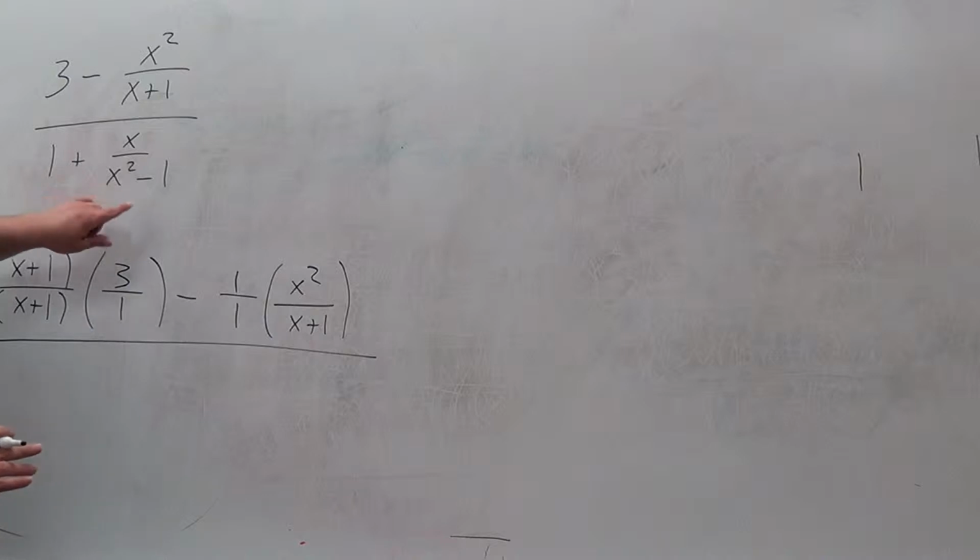By the same token, we've got the x squared minus 1. We're going to make that our common denominator.